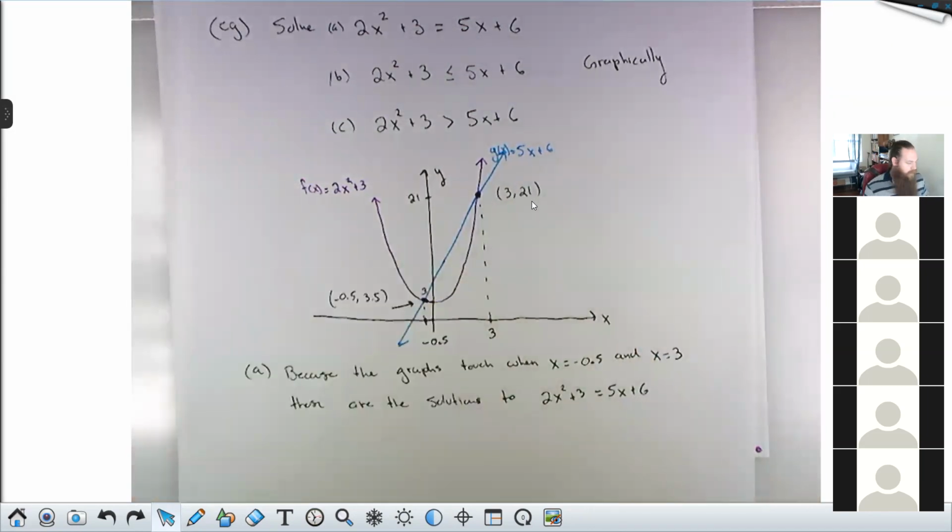And I think it would be good exercise for us to go through and solve this using algebra and verify. So we'll do that. But first, I want to talk about these inequalities.